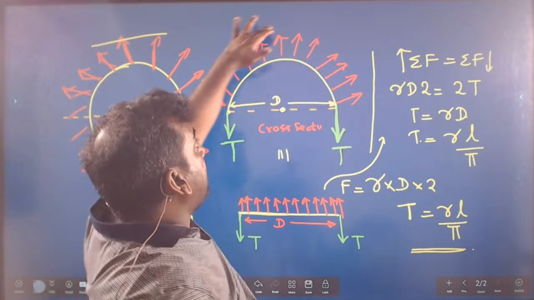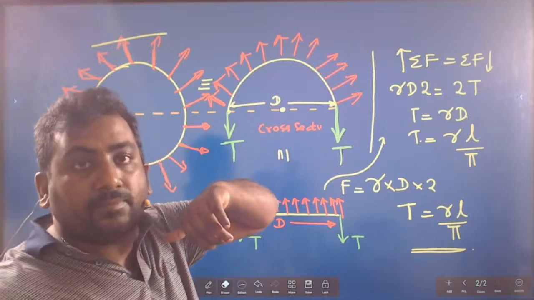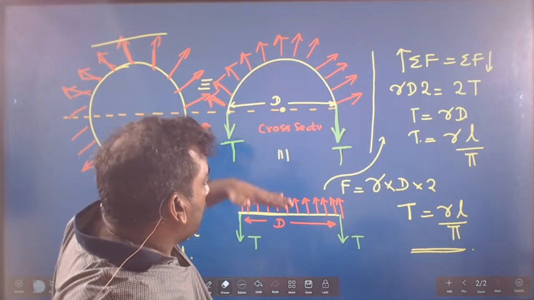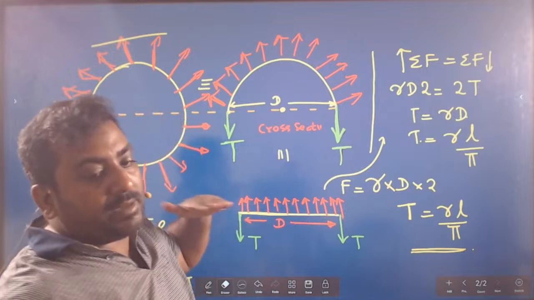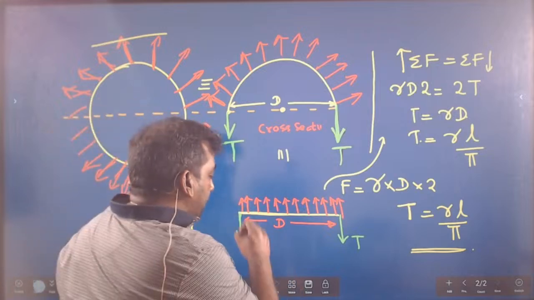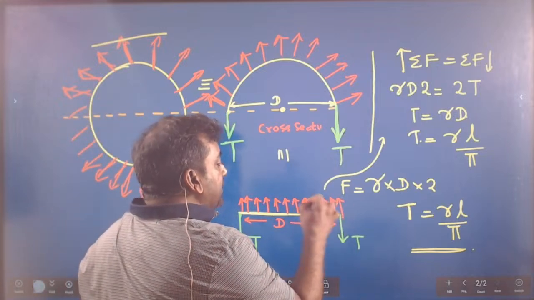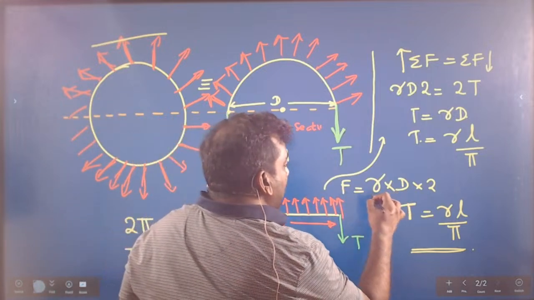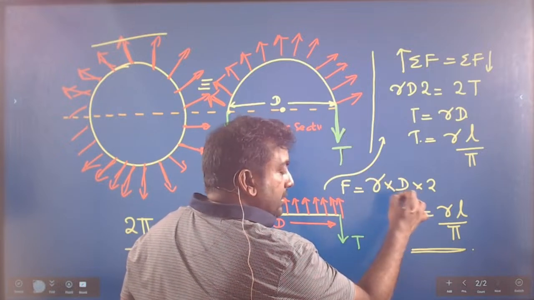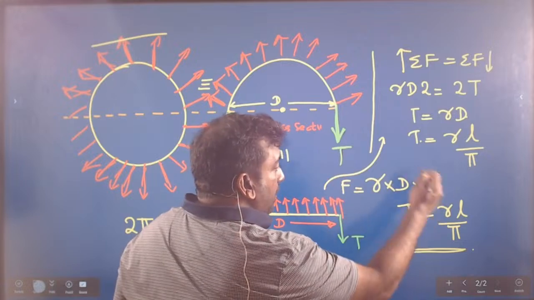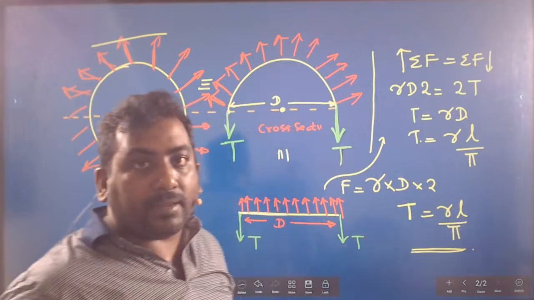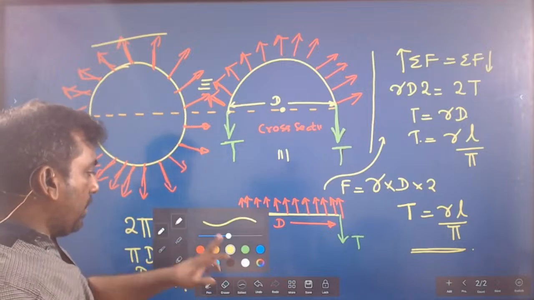And that is balanced by the surface tension force, which is equivalent to the surface tension along the diameter. Gamma into d is surface tension into length. Soap has 2 surfaces, multiplied by 2. So tension is gamma L over pi. Look at the board. You have your answer here.